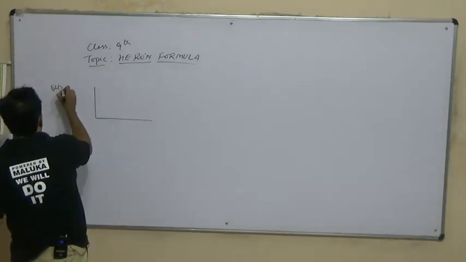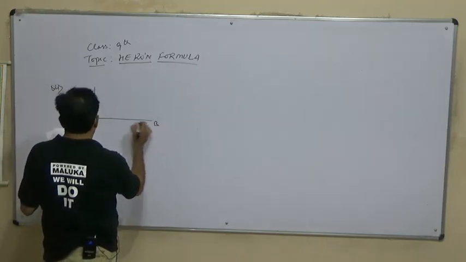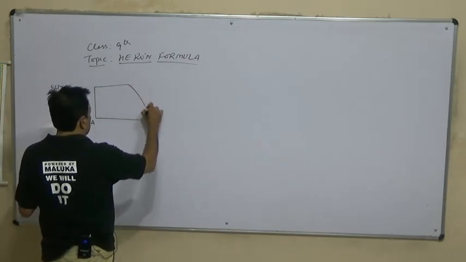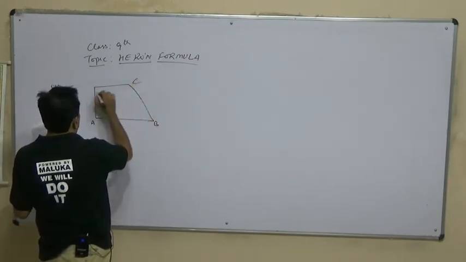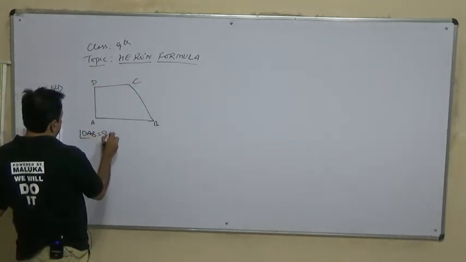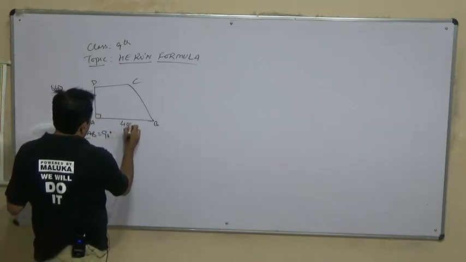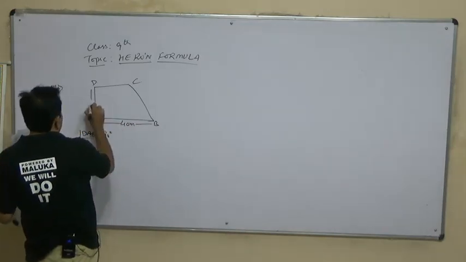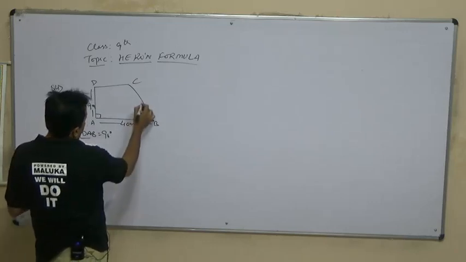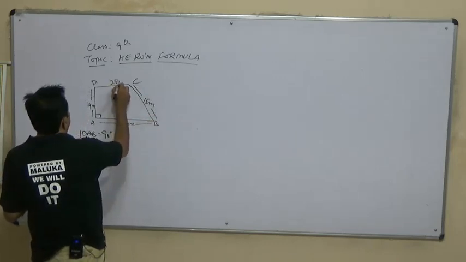Question 4th: A, B, C and D, and we are given angle DAB is equal to 90 degree, and we are given this 40 meter, this is 9 meter, this is 15 meter, and this is 28 meter.